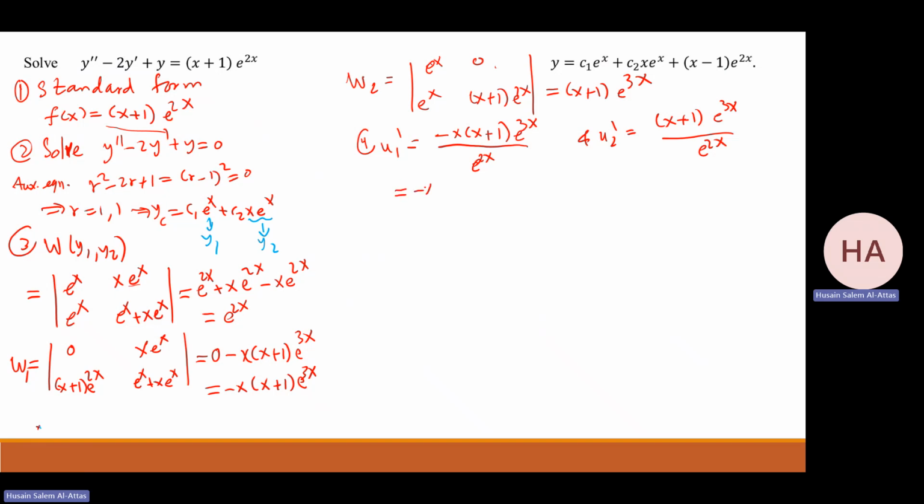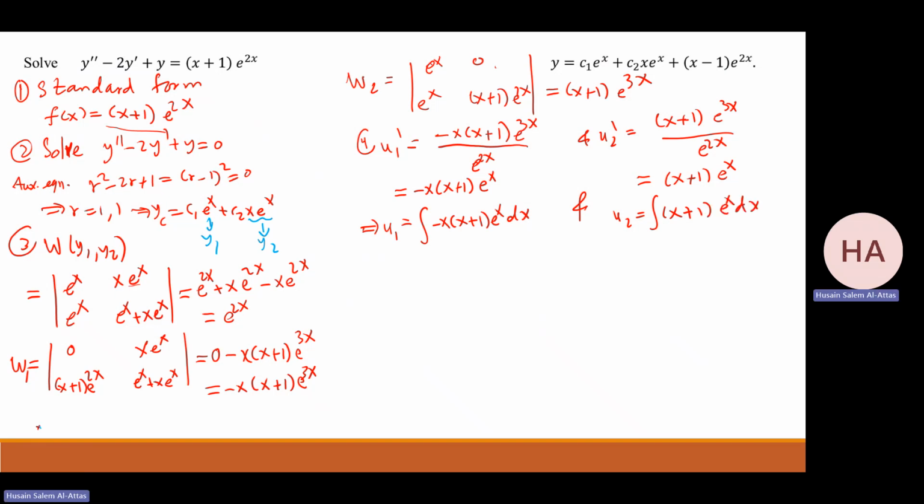That is what? Minus x plus 1 e to the power x. And this is x plus 1 e to the power x. Now, what will be u1? It will be the integral of this. And what will be u2? It will be the integral of this.